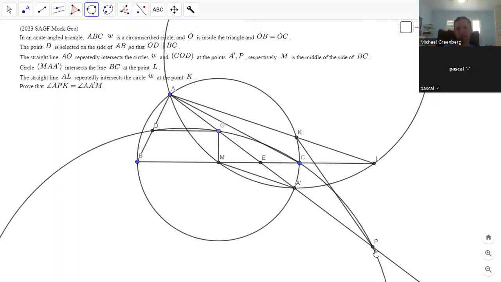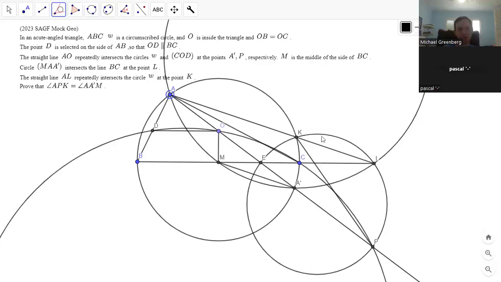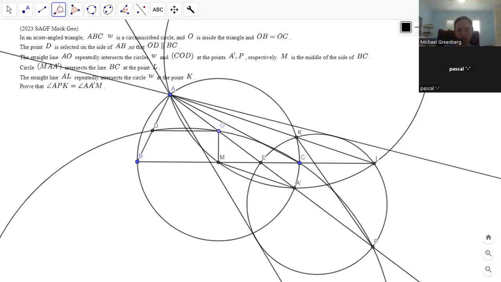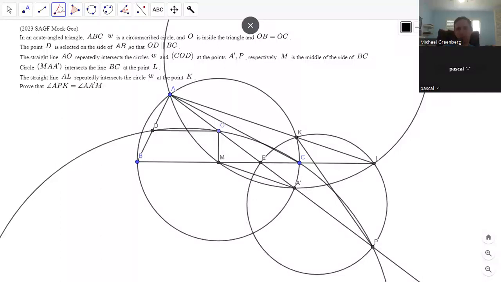We'll draw it again. So what if we did it like this instead? Because P is defined very strangely.